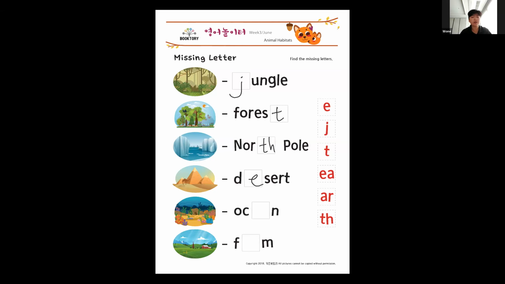Ocean is a little bit hard, so let's come back to it. Farm is a little bit easier, so let's spell it out. Farm, arm, farm. So that's going to be FARM, right? Farm. So we used all of these letters. And then finally we have ocean, OCEAN. Very nice. Good. Let's go on to the next page.